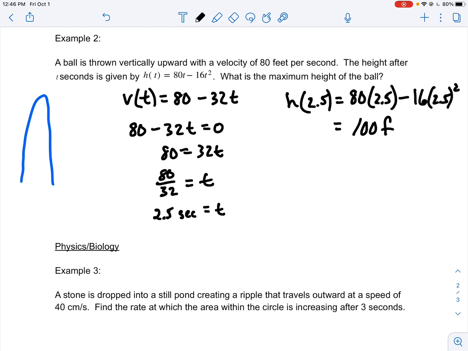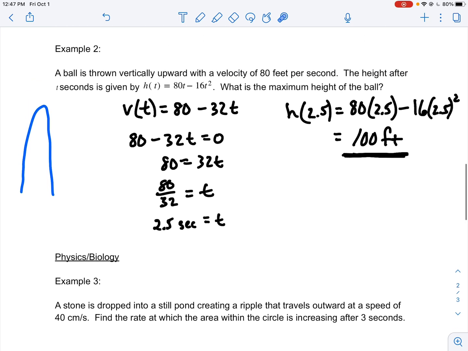So that's not meters, that's 100 feet. So that is the maximum height of the ball after we have thrown it up in the air. Hopefully that makes sense. When the velocity is 0. And the velocity is 0 because it gets to that point where it stops for that split second before it starts coming back down. Okay?